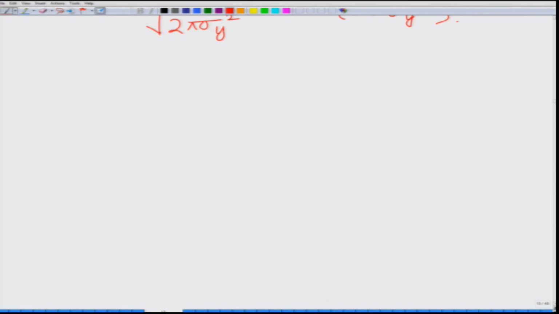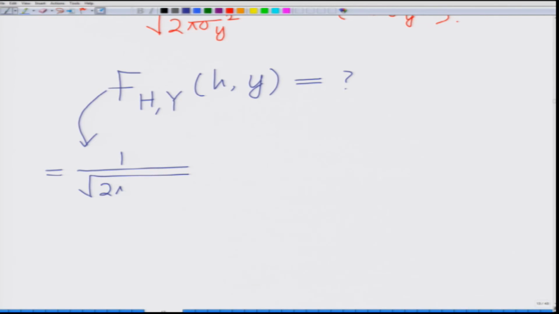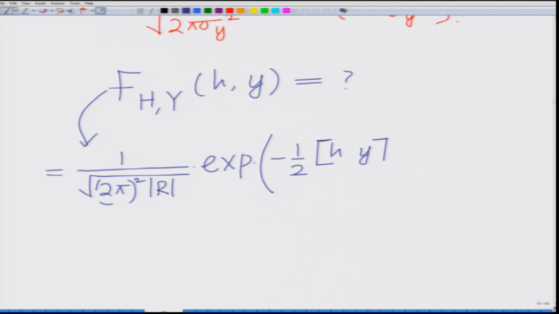Now, we want to come up with the joint probability density function of h comma y. This is a slightly complicated expression, so let me write it down and then you can see what this is. This is given as 1 over square root of 2 pi to the power of 2 times the determinant of R, times exp of minus half times the row vector h y times R inverse times the column vector h y.